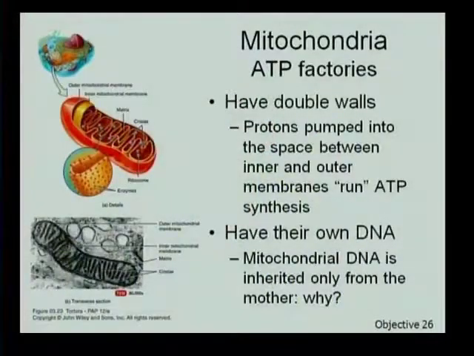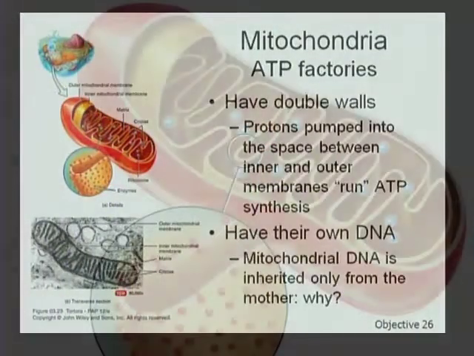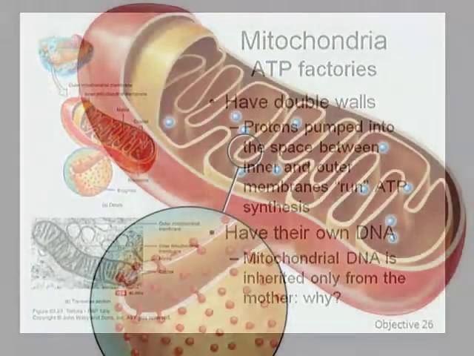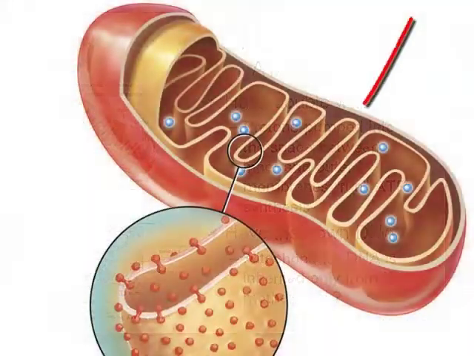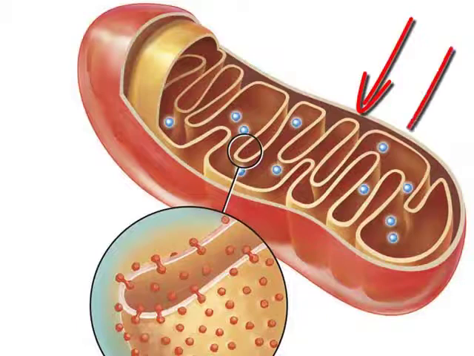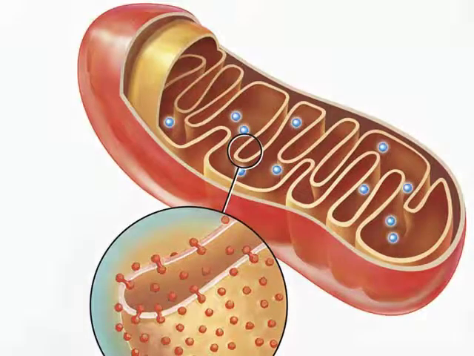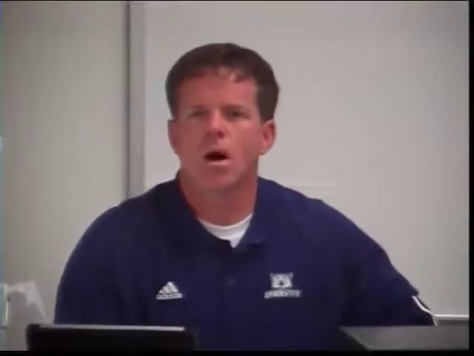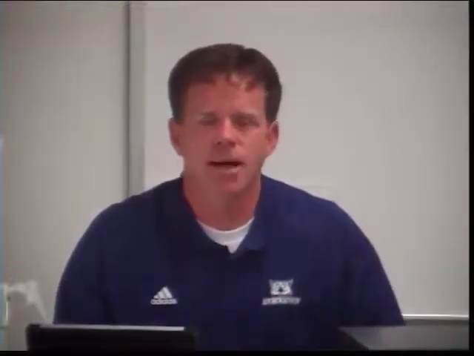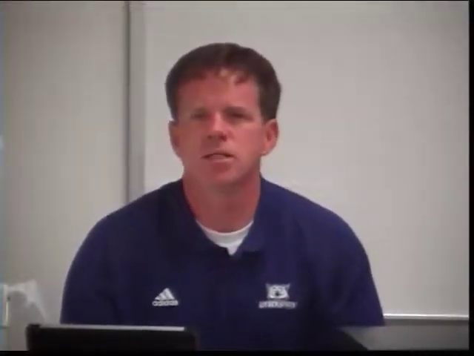Now, if you look at the structure of the mitochondria, you'll notice that it has double walls. It has an outer organelle membrane and then a folded inner membrane. I've reinforced that a little bit before. Anytime you see something in the body that's folded, there's a reason it's folded. It's where we want a lot of things to be able to happen, and we don't want to occupy a whole lot of space to do it.